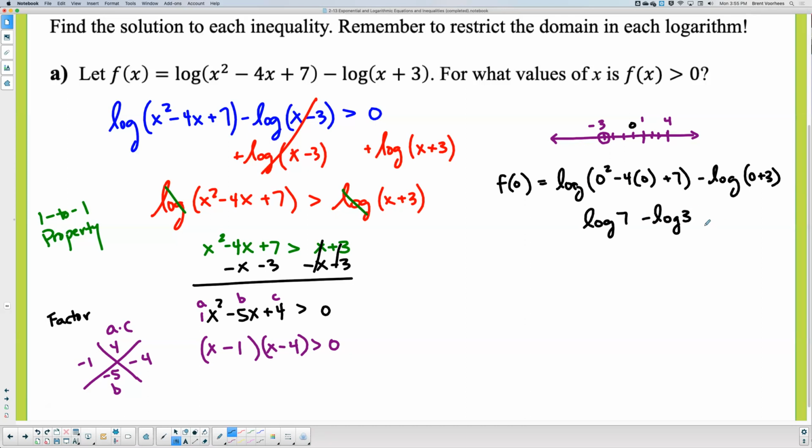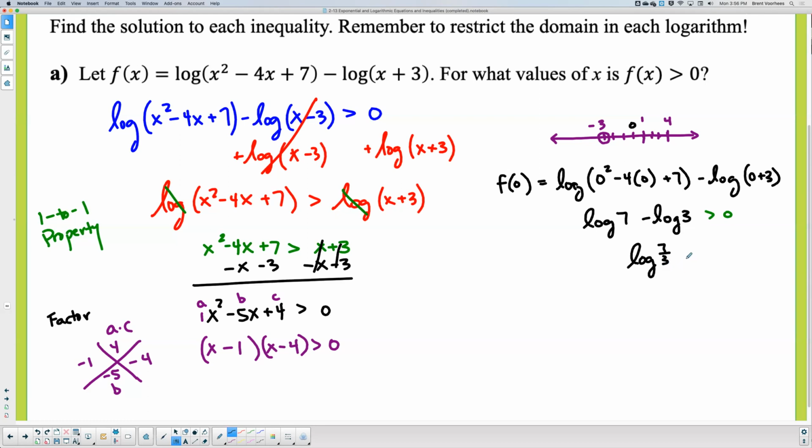That right there is greater than 0. That is positive. How do I know? Well, because this is log of 7 over 3. Yep, that's the quotient property.